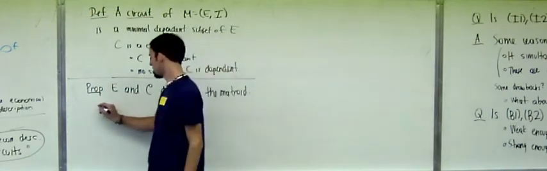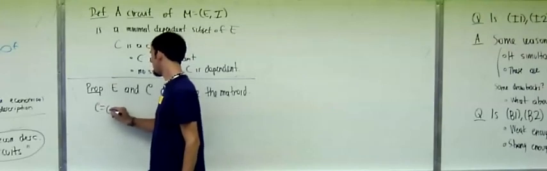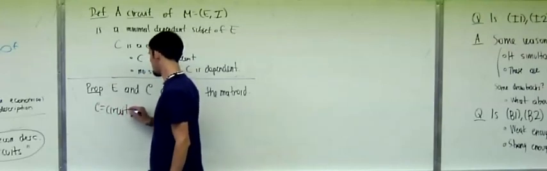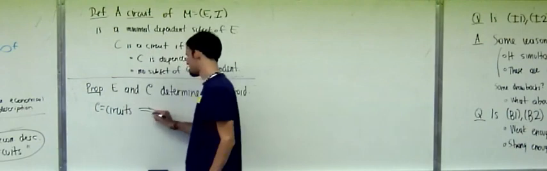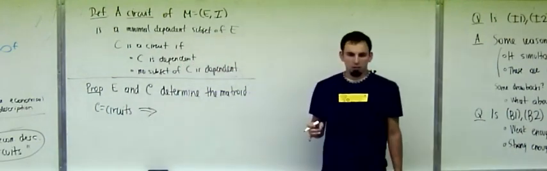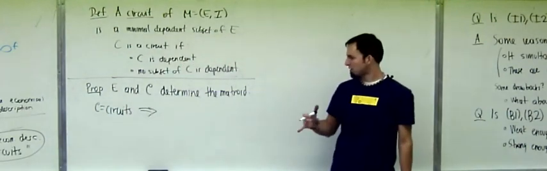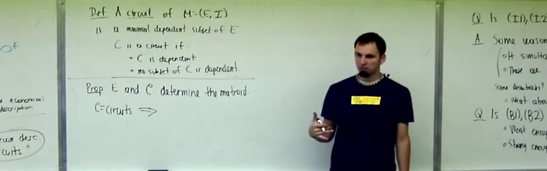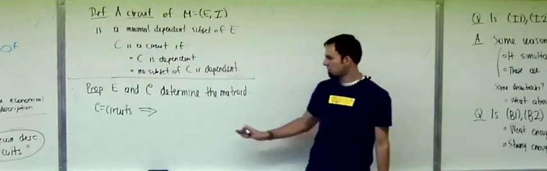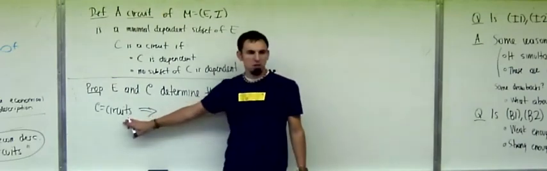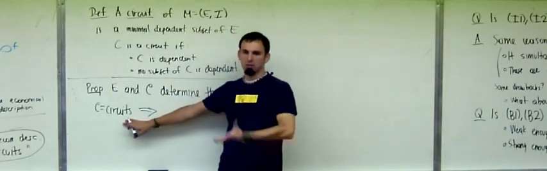Because C is the collection of circuits. Now, what I heard some of you say is that that allows me to define dependence. These are the minimal dependent sets. So the dependent sets are these and the ones containing them.